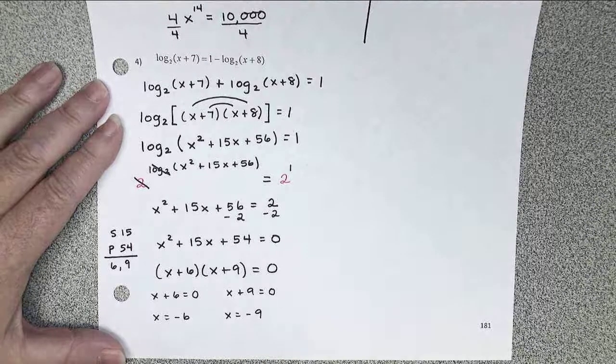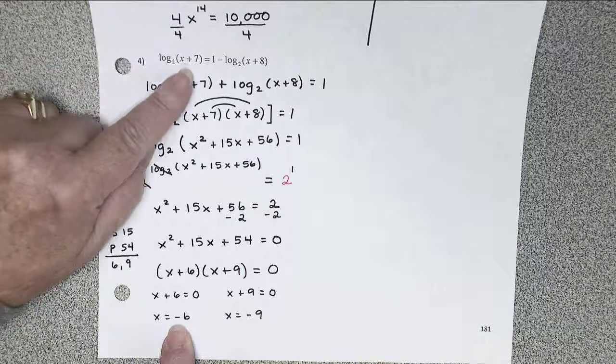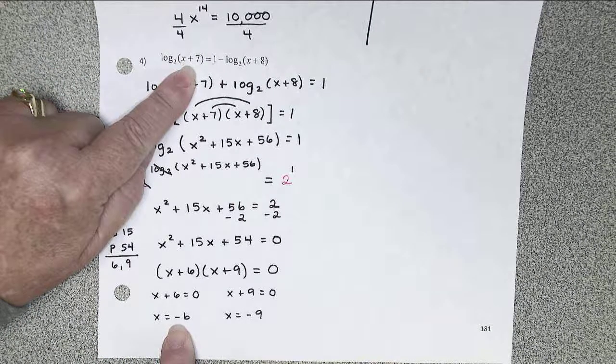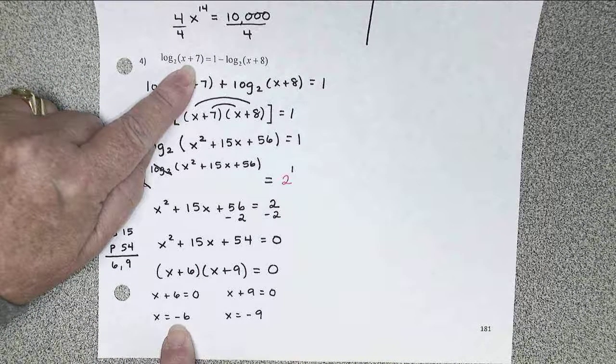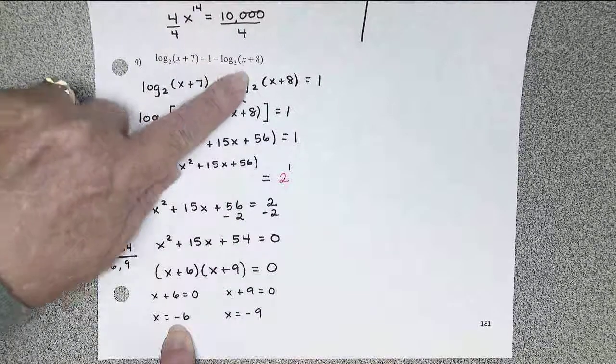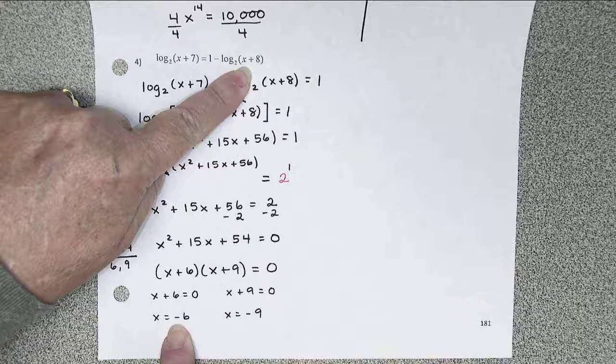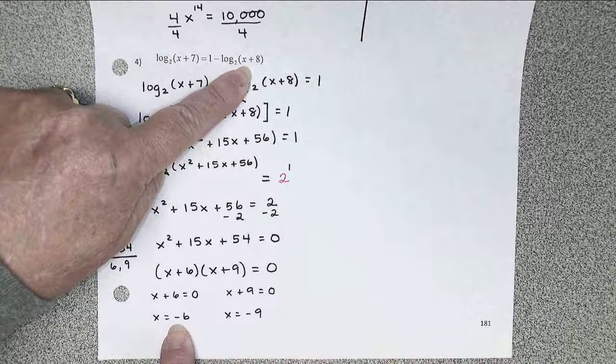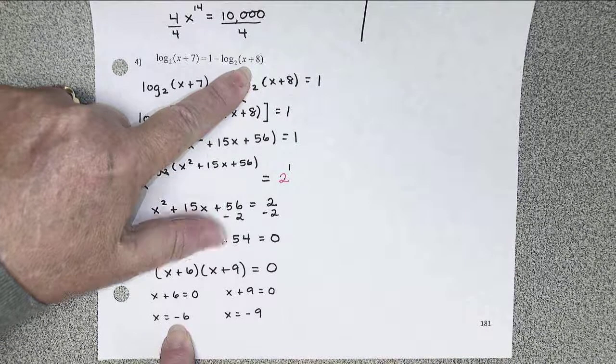Now, they're both negative answers, but that doesn't necessarily mean that I have to throw them both away. I need to check to see if they're in the domain. If you look back to the original, if you plugged negative 6 in for x, that would be the log of 1. That's okay. And again, over here, if you plugged negative 6 in for x, you'd have the log of 2. That's also okay.